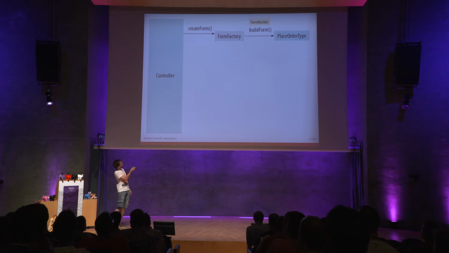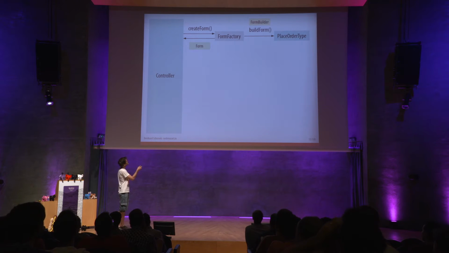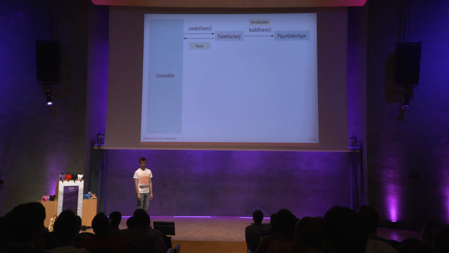You get this form builder object. You can add your fields and configure your data transformers and all that stuff. At some point, the form factory takes the builder, converts that into a form, and returns it back to your controller. All right? In your controller, you then call handleRequest on that form object.